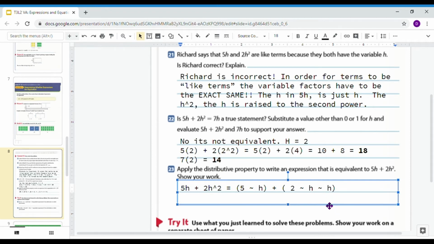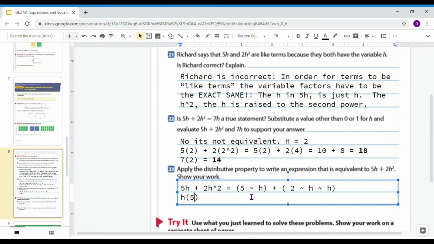And then from there, I'm going to pull out my common factor. And my common factor in both of these cases is going to be h. So I'm going to pull that h out on the outside of my parentheses. And I know that if I needed to multiply h to get to 5h, I would have to multiply it times 5.